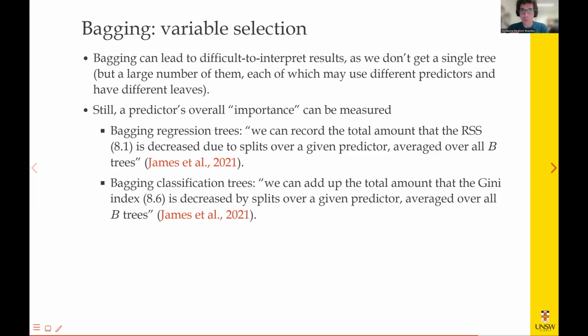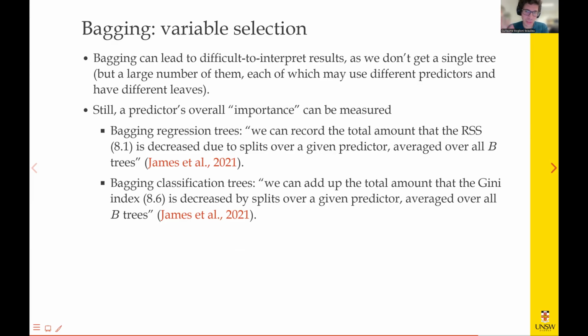So for every predictor, in a given tree, you can find by how much the RSS has decreased by the fact that you've used that predictor to make your splits. You can check the reduction in RSS on all your B trees, and then you take the average. You take the average reduction for every predictor, and that's some measure of the importance of any predictor, by how much they've decreased the RSS compared to other predictors.